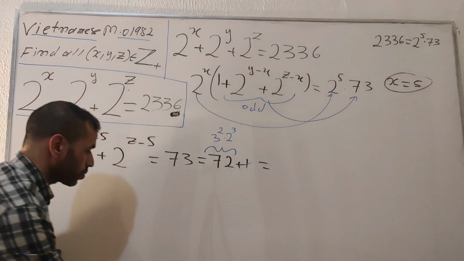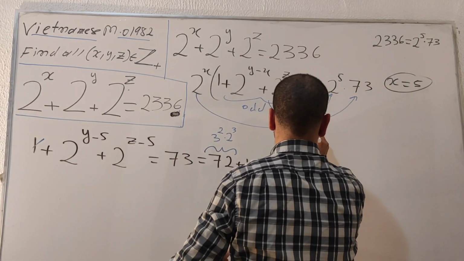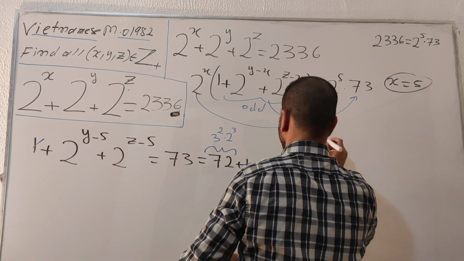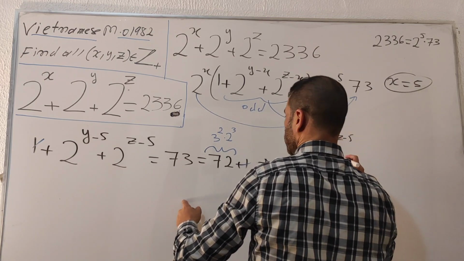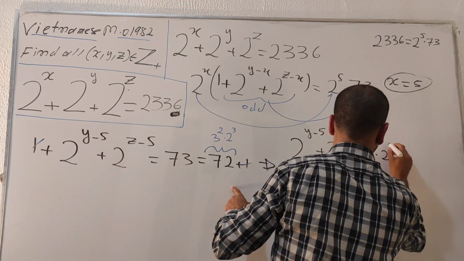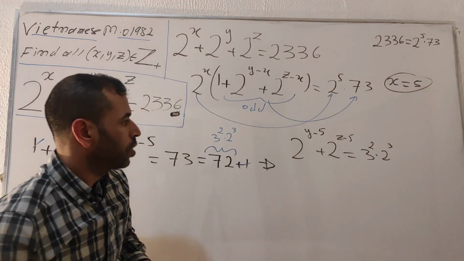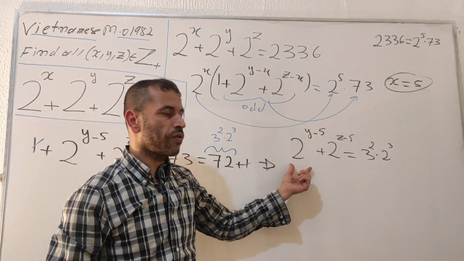Okay. So now I have 2 to the y minus 5 plus 2 to the z minus 5 equals 3 squared multiplied by 2 to the 3. Now let's take 2 to the y minus 5 as a common factor as well.